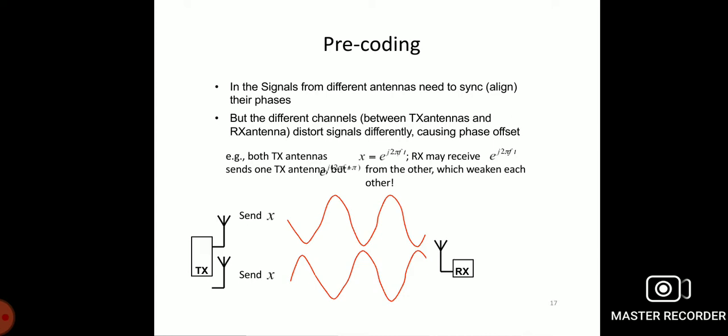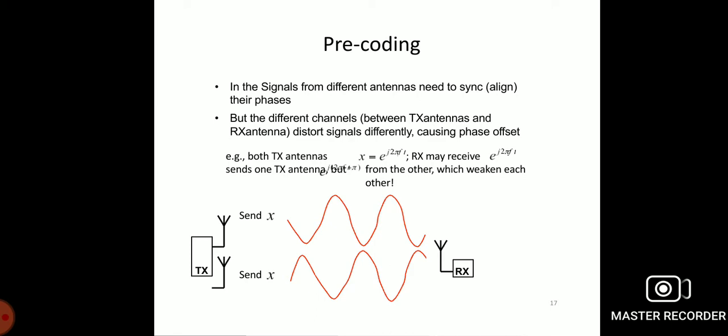Now we can see the signal, for example, both transmitting antennas send x equal to e power j 2 pi fct, that is the input carrier signal, and the received signal is e power j 2 pi f. So from one transmitting antenna, but from the other, the receiving antenna is weakened by each other.